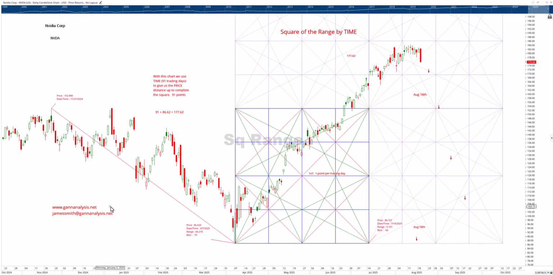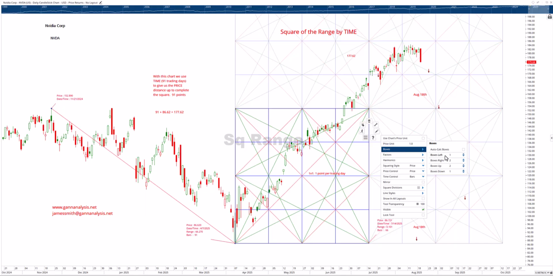So if you're a chartist, a technician, the temptation is to only analyze a stock by price, looking for divisions in price. Gann, the genius of Gann is he said, no, time is important. In fact, time is more important than price. And the reason for that, as I go back here, I'm just going to show it to you again.